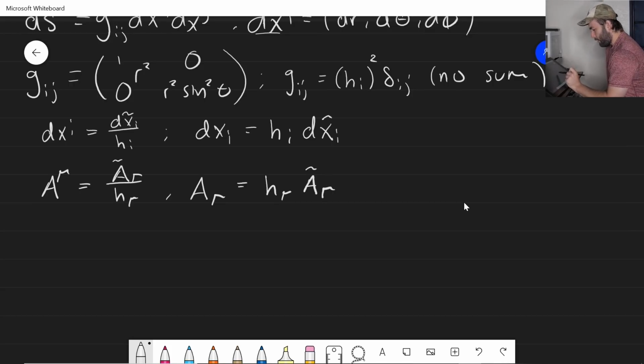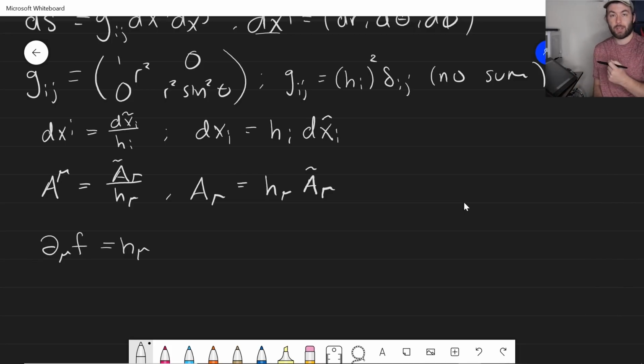So if we look at this covariant relationship here, if we have a derivative with respect to a coordinate displacement acting on a scalar function f, that would be equal to what? That would be equal to h_mu times the ordinary one. But the ordinary one would be a derivative with respect to a distance. That's exactly the gradient. Okay, so we have the gradient of f.